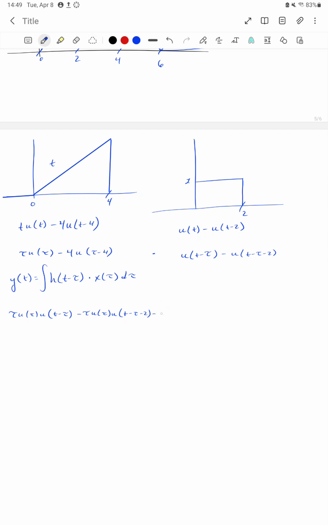Okay, then I'm going to subtract 4 u of tau minus 4 u of t minus tau, plus 4 u of tau minus 4 u of t minus tau minus 2. Okay.